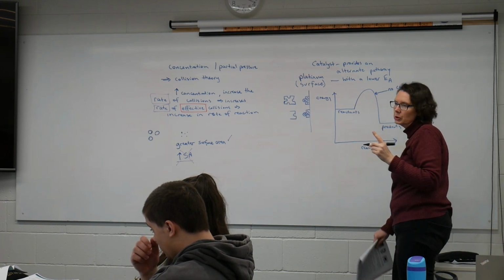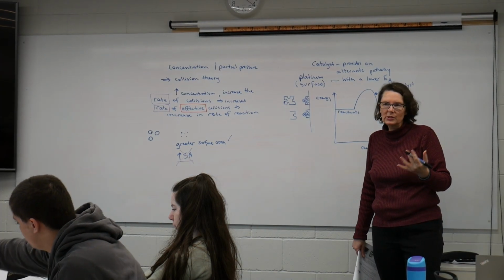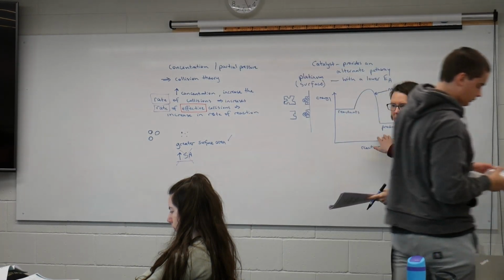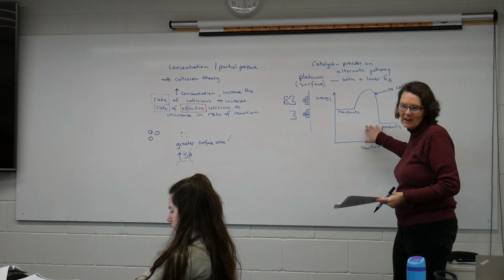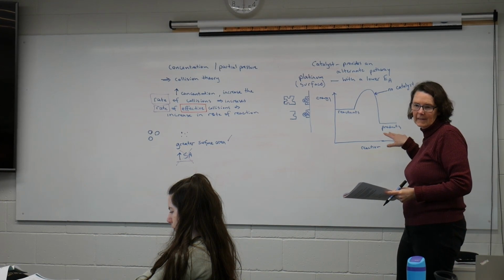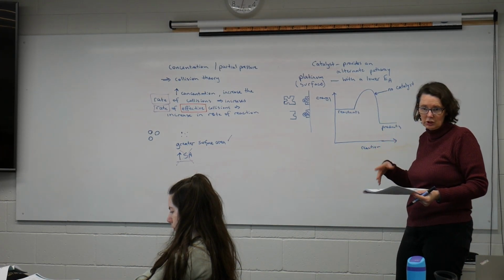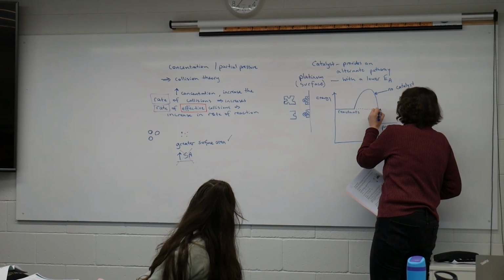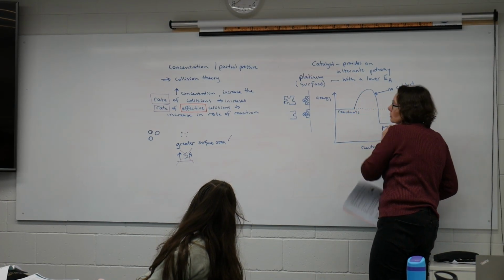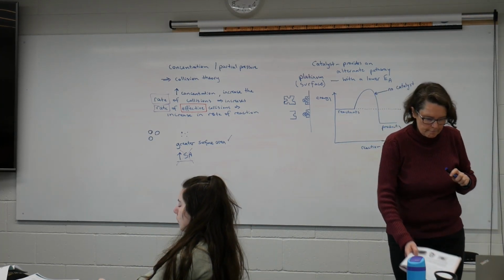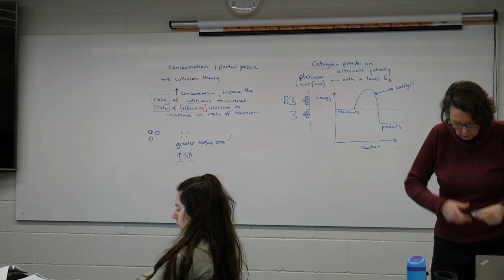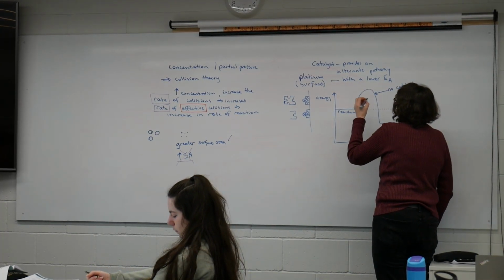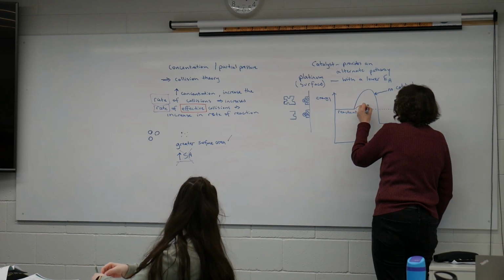Now, if you're asked to do this sort of diagram for a specific reaction, you can't just write reactants and products. You have to write what the reactants are and what the products are. Okay? But this is just a generic format for this kind of thing. I strongly recommend you use a ruler. Those of you who are ruler learners, original ruler users. Whereas this one is with the catalyst.